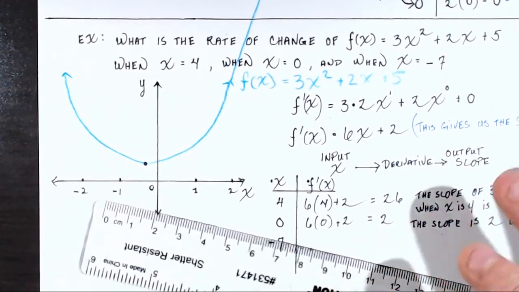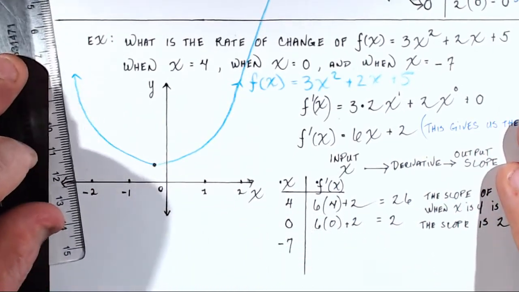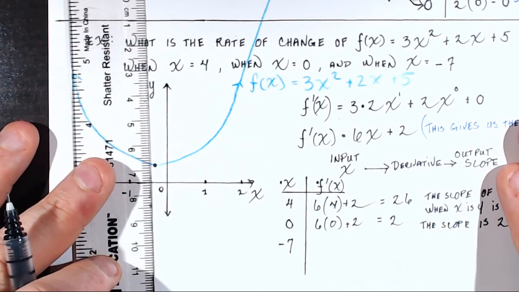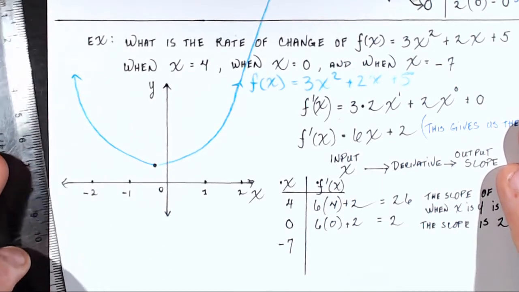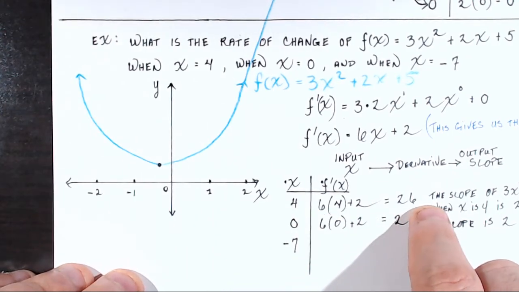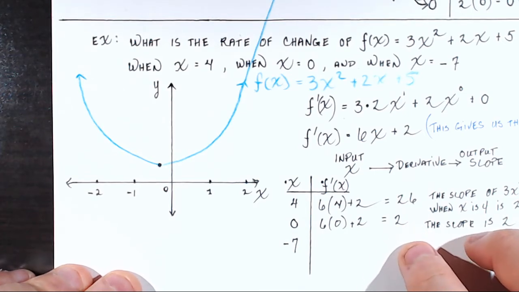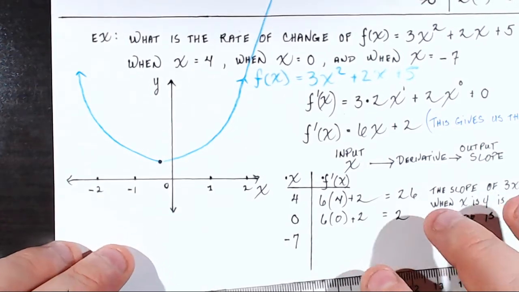What are we expecting? Well, if we travel along the curve, we're expecting a huge negative slope. Very negative is what we're expecting. Look, at x equals +4, the slope was 26. So at x equals -7, it should be even bigger than 26, but negative, right?